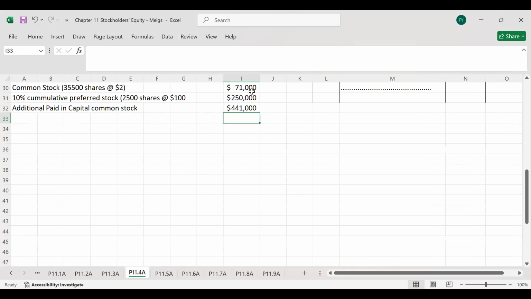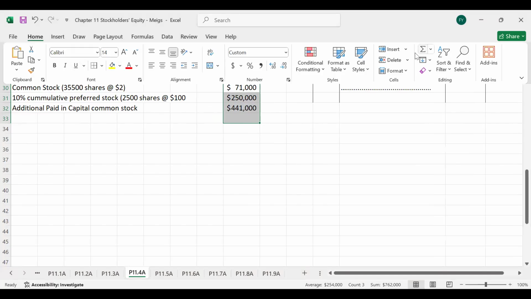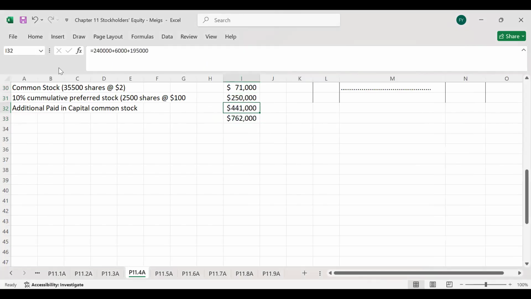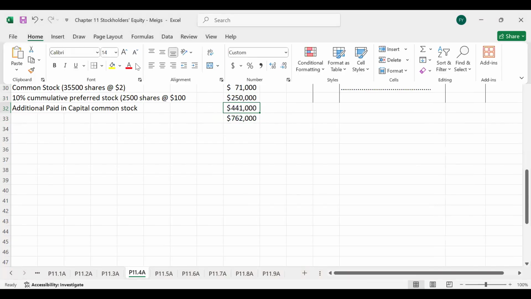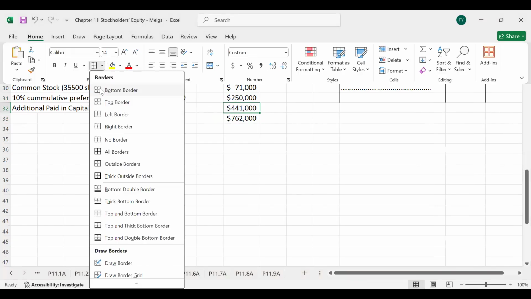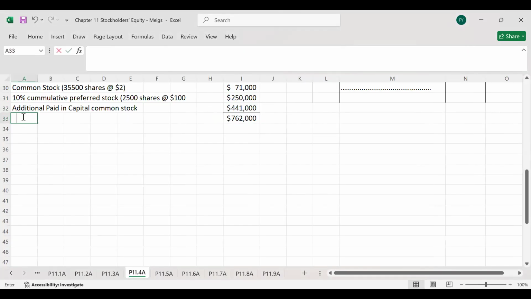By adding all these three, we get the additional, and then we get total paid in capital. Total paid in capital amount is $762,000. So this is total paid in capital. Now we add retained earnings.